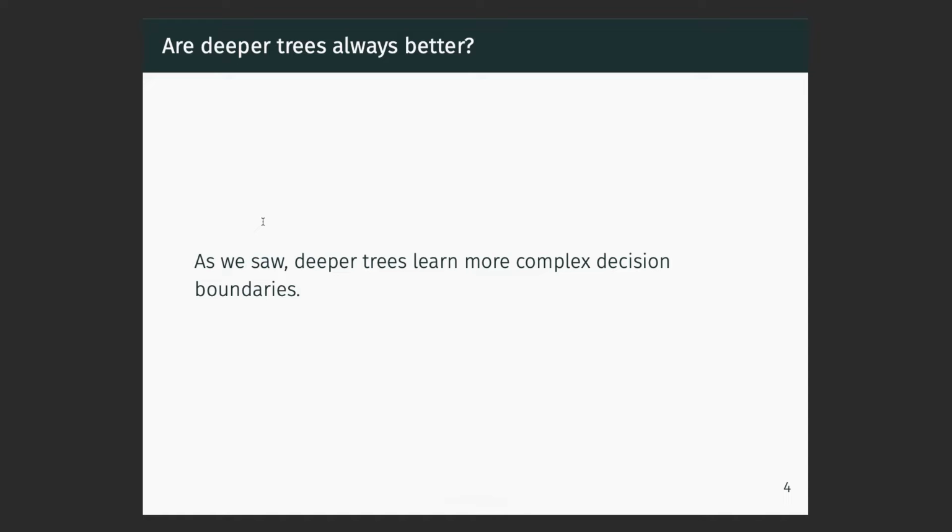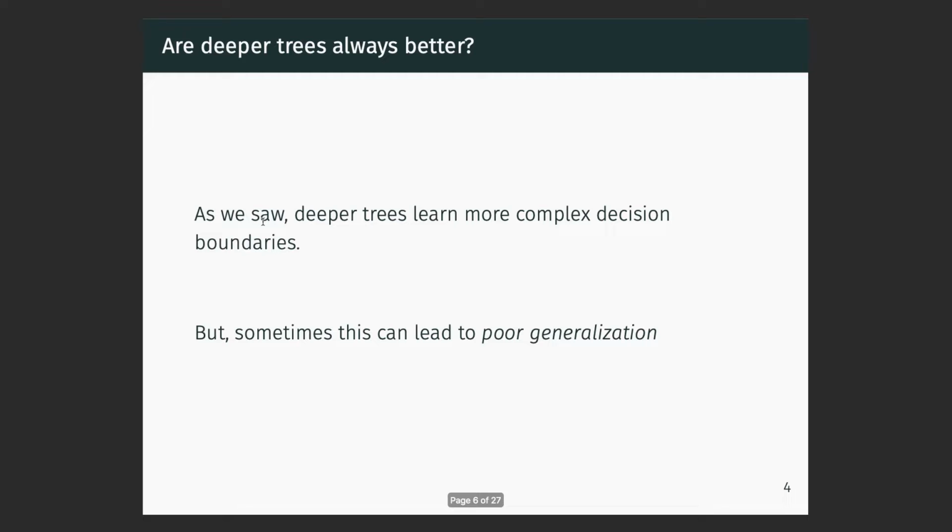We have seen that if we learn deeper trees, we'll end up with very complex decision boundaries. In the previous discussion, when we went up to depth equal to 10, we saw very complicated decision trees. But more complex decision boundaries often lead to poor generalization. Can anyone explain why? Can anyone remind me the goal that we started with in the previous lecture?